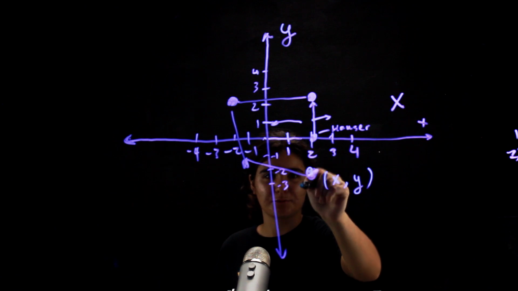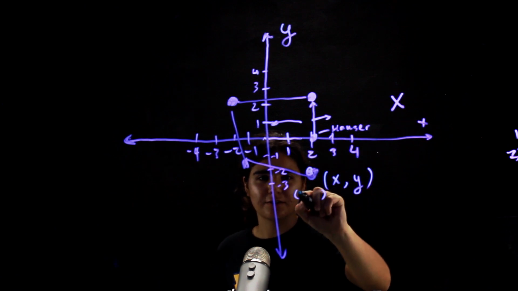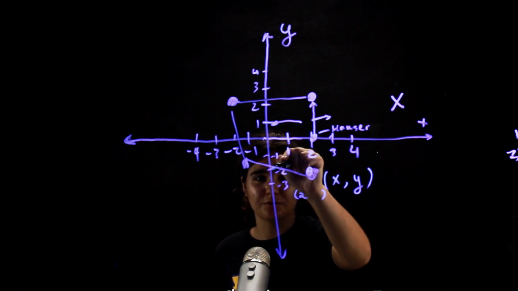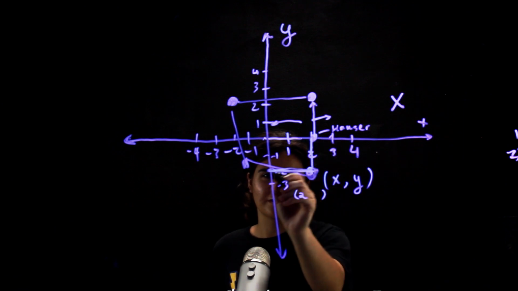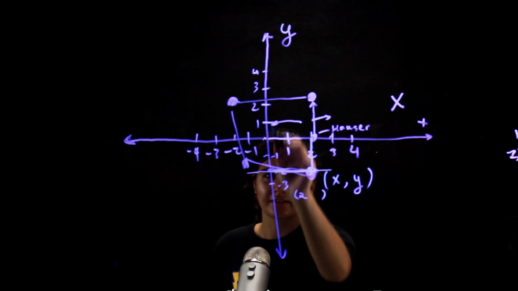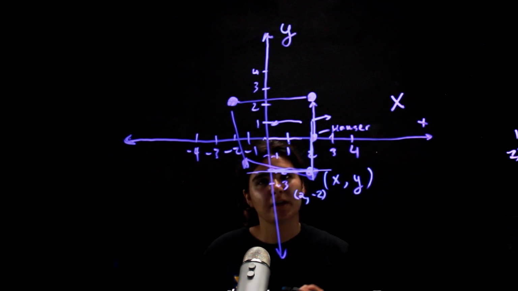So for example, this point would be parentheses, you go over 2 on the x value, so it's a 2, and then it's -2 on the y value, right? See how this point intersects with the -2 on the y-axis and then the +2 on the x? So then right here is going to be -2.